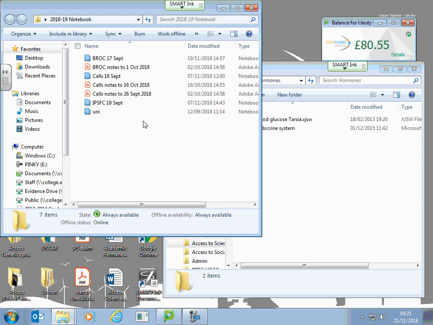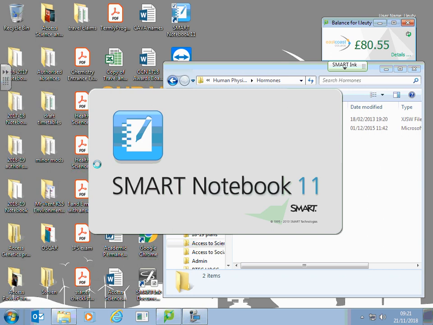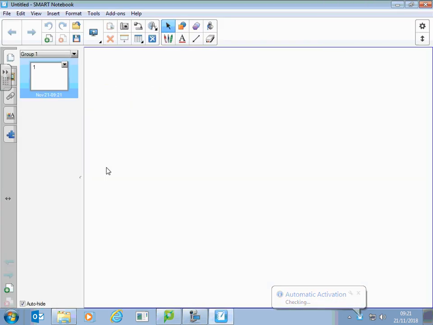I can't see where I've actually kept that from yesterday. No, I don't appear to have saved yesterday's. If I have, I've saved it somewhere stupid, so bear with me. Find yesterday's notebook file. Every now and then there are questions that come up, regardless of drafts and things like that, that I think, oh yes, I just need to go over with everybody perhaps.